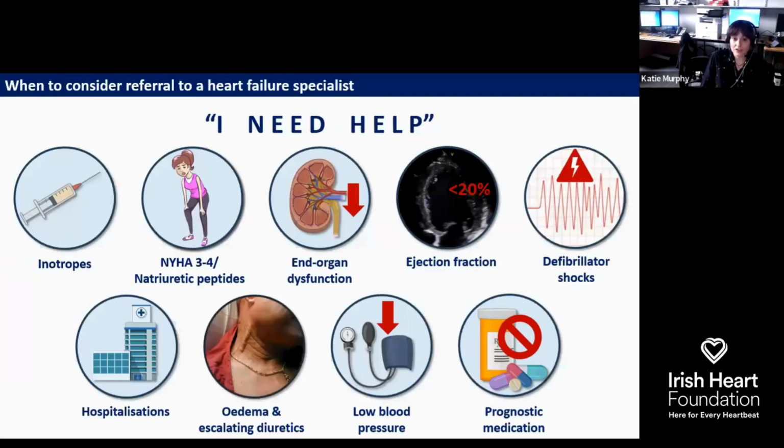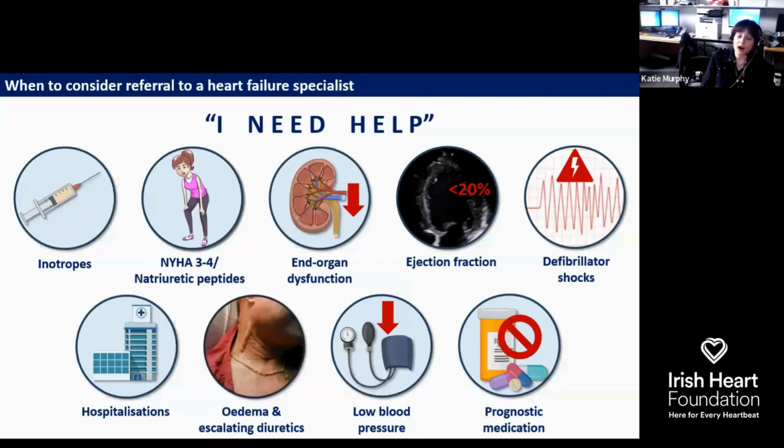And so the last thing I'm going to talk about, just because of my specific role in heart transplant and advanced heart failure, is going to be when you may be struggling. So whilst the medications are brilliant, whilst the treatments are fantastic, there are certain people who unfortunately won't respond to them.